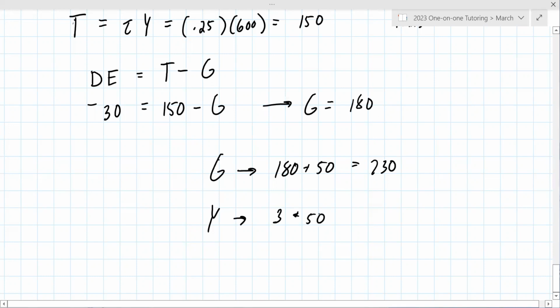Is it the government spending multiplier?